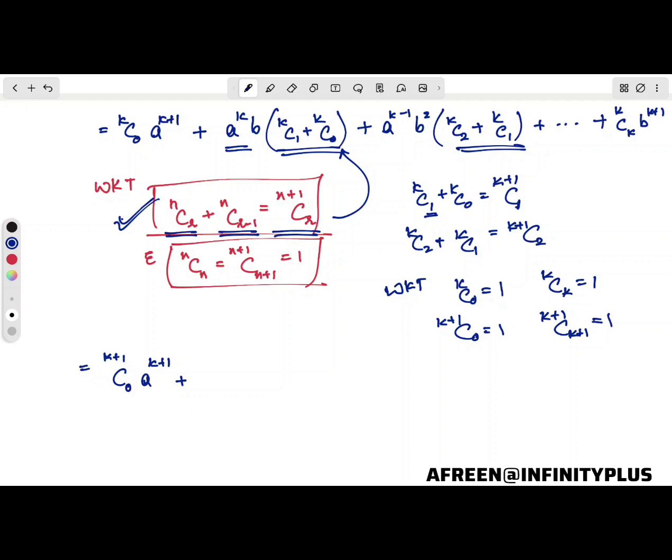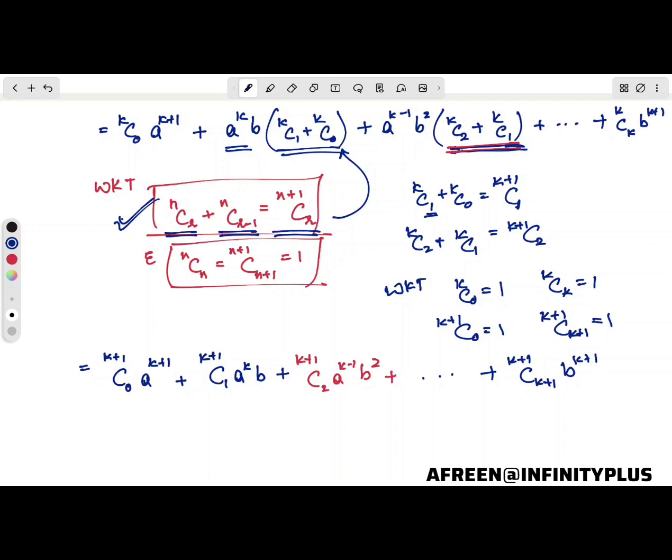Now this can be written as (k+1)C1 a^k b, plus this one can be written as (k+1)C2 a^(k-1) b^2 plus etc. Plus the last term kCk can be written as (k+1)C(k+1) b^(k+1).